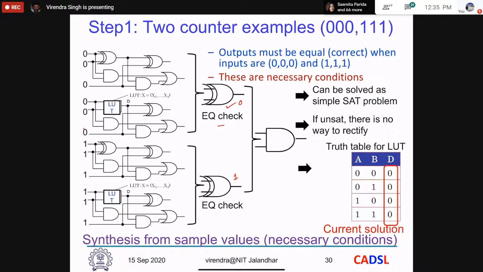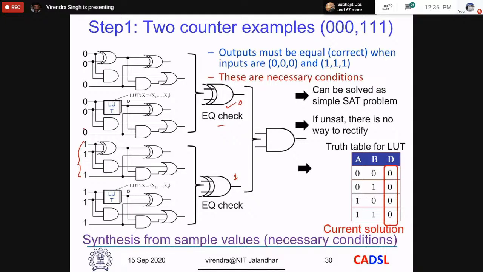Listen carefully now. May I take 10 more minutes? Yes, sir, definitely, sir. So now please listen a little carefully. See, this is Boolean algebra mathematics, so it needs some attention to grasp. What I'm saying is that for this input, my output is wrong.